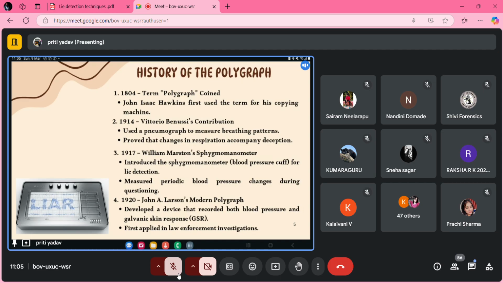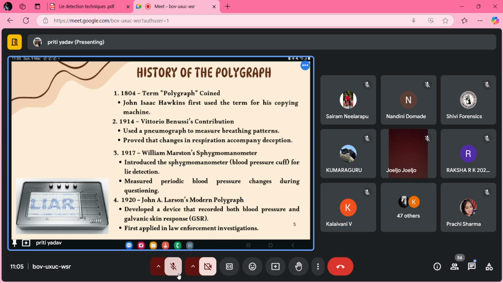Next slide. This slide covers the whole history of the polygraph. The polygraph has evolved over time, starting from simple breathing patterns to sophisticated machines. The term polygraph was coined by John Isaac Hawkins. Then Vittorio Benussi contributed the pneumograph, which measures breathing pattern. Then William Marston introduced a device, the sphygmomanometer, which measures the BP.